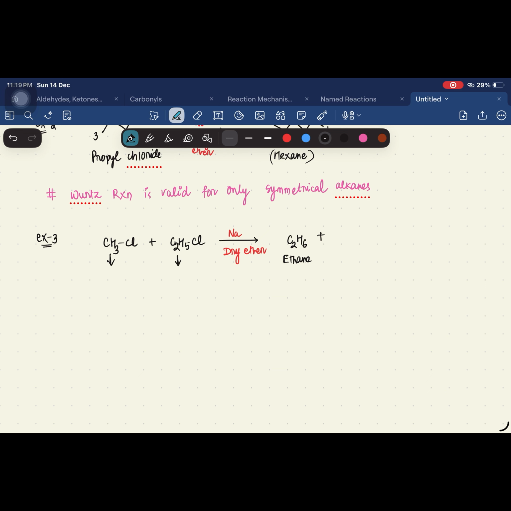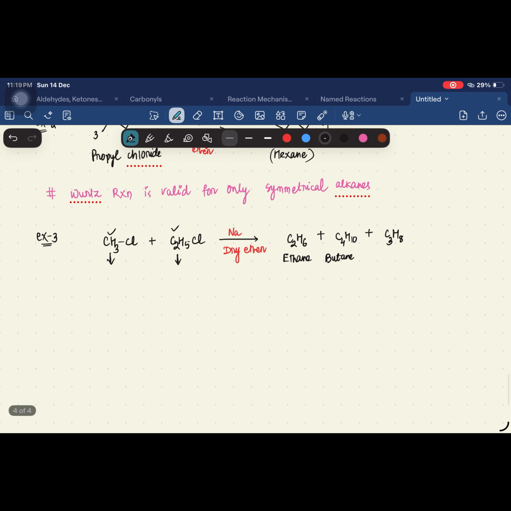C2H5 will combine with another C2H5 to form another product, C4H10, which is called butane. Now this one and this one will also combine and form the corresponding product, C3H8, which is called propane. So we got 3 different products: ethane, butane, and propane.